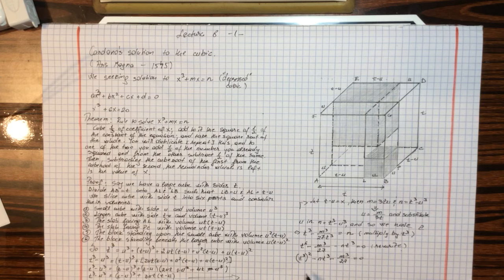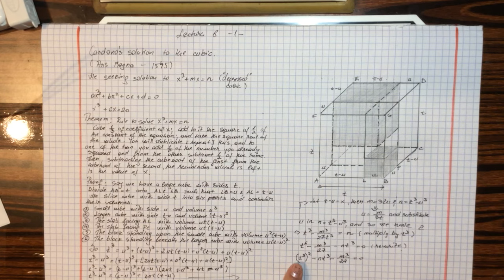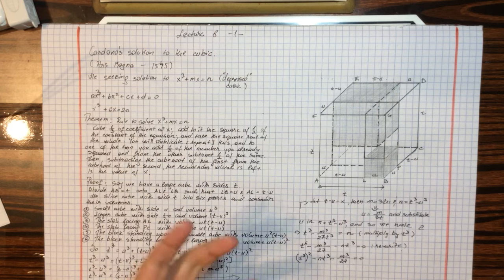Well, two things. Now, this is an equation of the second degree, and also notice that t to the 3 is the volume of my original cube here. At this point in time, how to solve a quadratic equation was well known. The formula that we know today was known in some form during Cardano's day as well. So now from something that we don't know how to deal with, we're dealing with a quadratic equation, which was certainly known at that point.